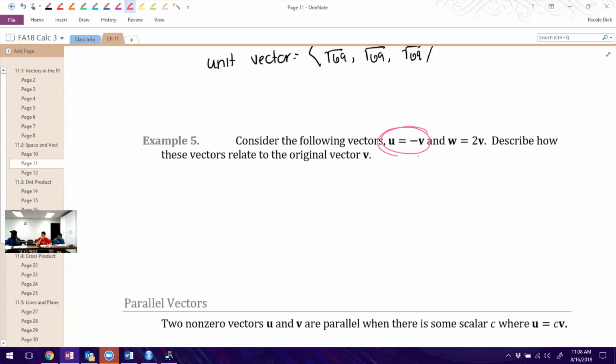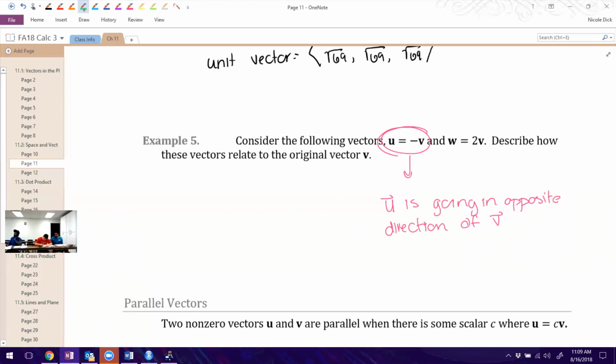It just works backwards from there. So that's all that's really doing here. So this means u is going in the opposite direction of v. They have the same start point, or same points to start and end at. They just reverse which one's starting and which one's stopping.